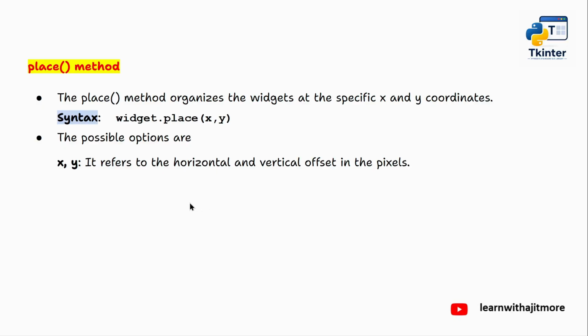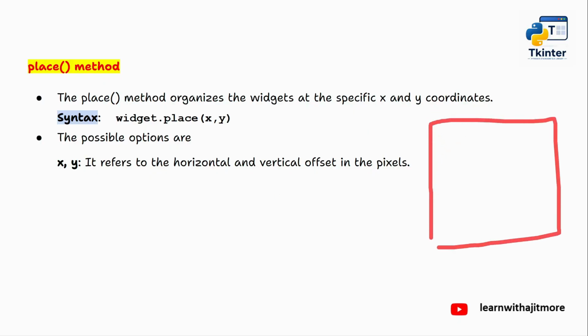The possible options are this one first, that is standard, X value, Y value. This will be considered as that many pixels to leave from left and that many pixels to leave from top, because the origin starts from the left top corner of your window, leaving the title. Okay, so this will be considered as 0, 0.